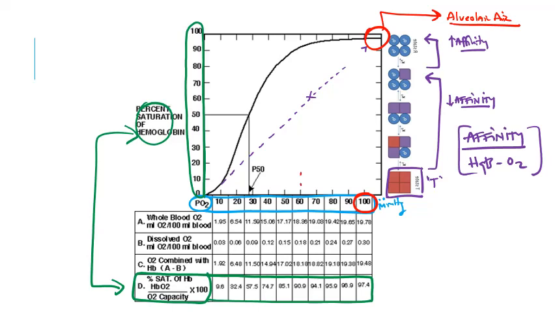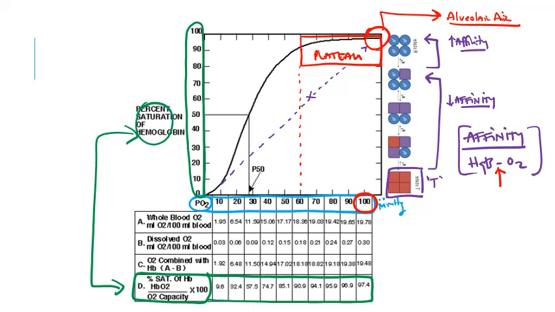Note that from about 60 millimeters of mercury on up, we have what's called a plateaued region. And I'm going to box it off here. Plateau, excuse me. Here the affinity of hemoglobin to oxygen is really high, meaning that the bond, this bond right here, is strong and it's difficult for oxygen to break free.